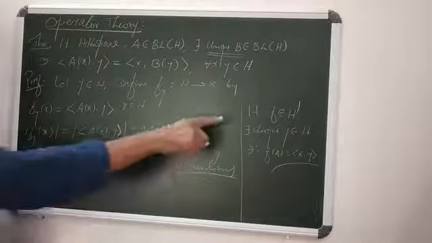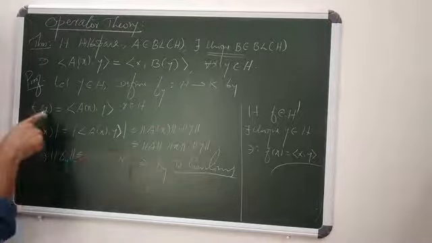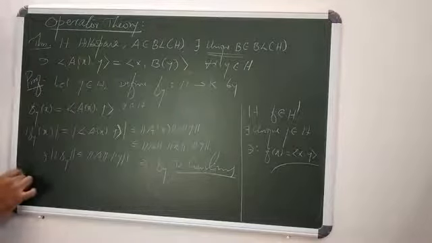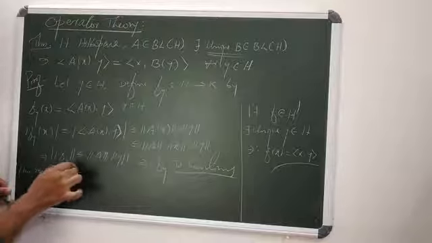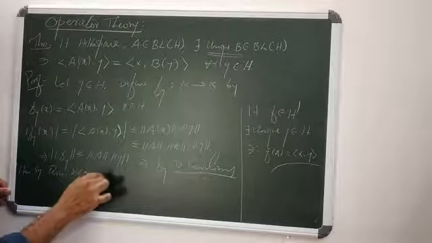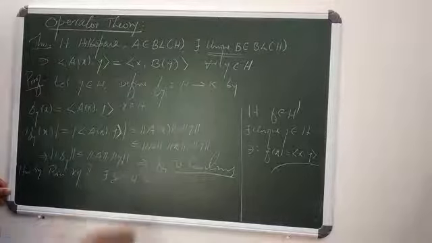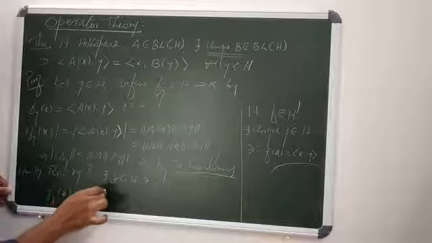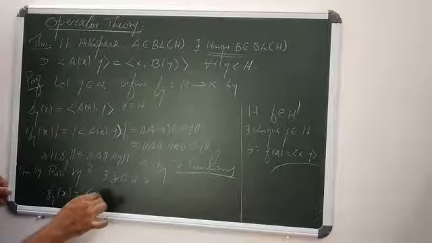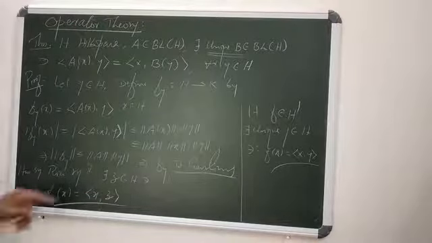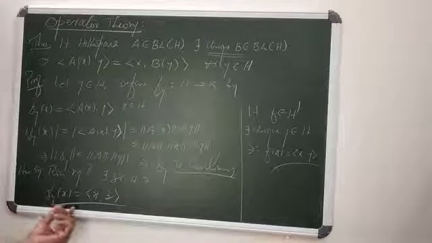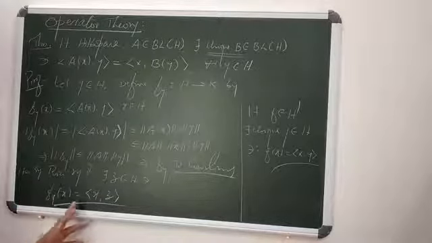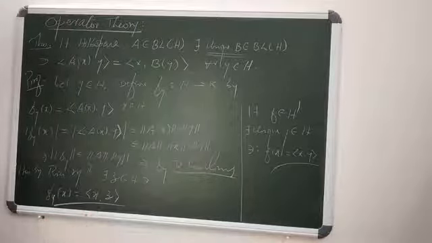So all of the conditions of the Riesz representation theorem are satisfied here. Fy is a linear functional on H, which is continuous, and H is a Hilbert space. So hence, by the Riesz representation theorem, there exists a unique z in H such that Fy of x equals inner product xz.